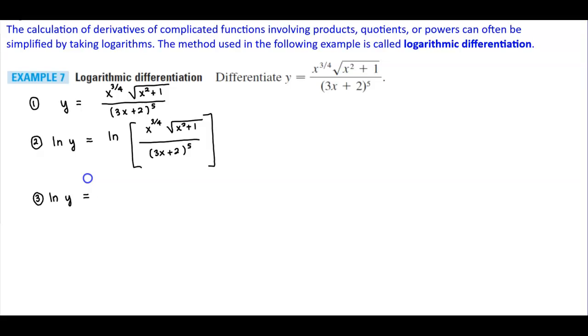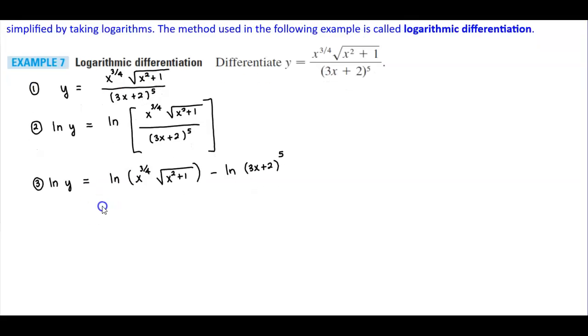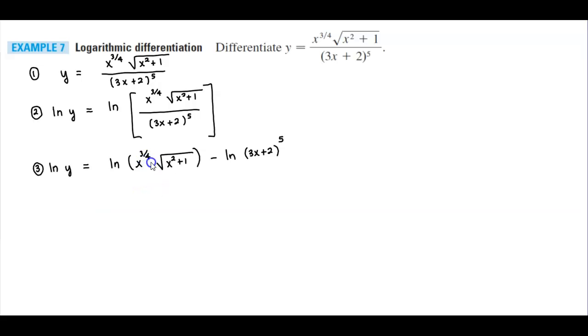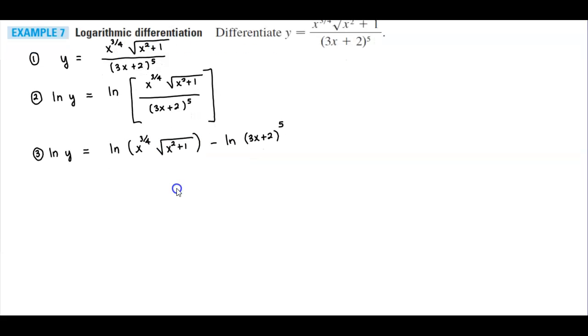In the numerator of our function, it's going to be the natural log of x to the 3/4 times the square root of x squared plus 1, and then minus the natural log of 3x plus 2 to the 5th power. Now since we have two items here that we're multiplying, we can expand this with addition.